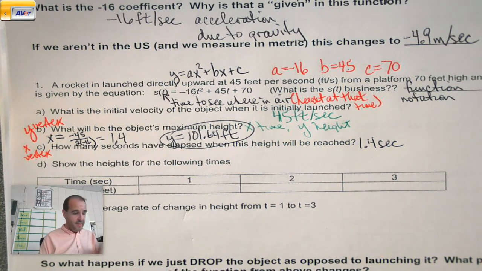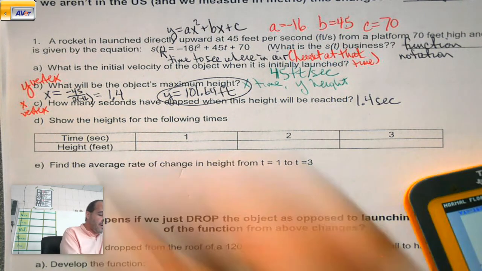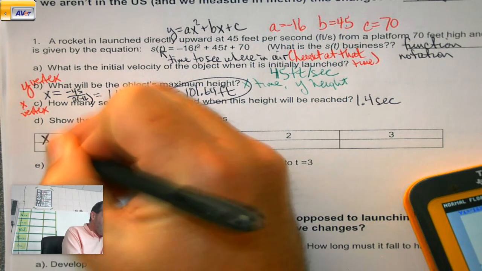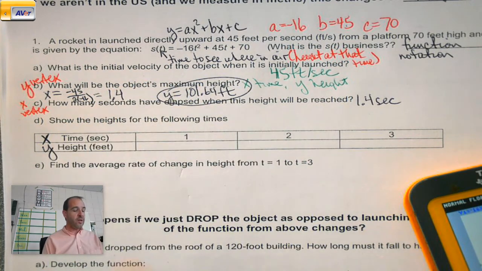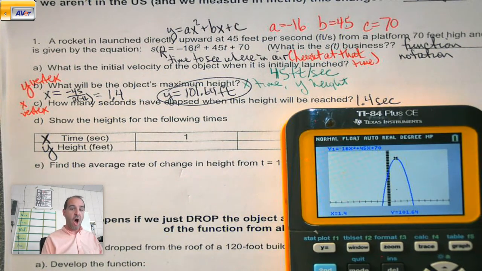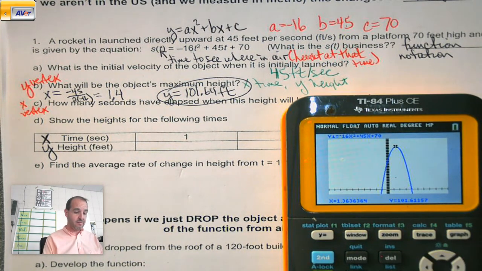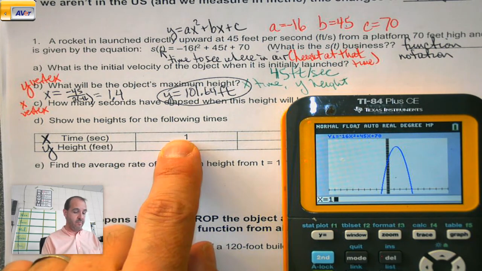Okay, and so the only thing left on this one that we could possibly want is to know some heights for the exact times. Now again, don't make this difficult. Time is x, height is y. We can do the exact same thing that we just did for that last one. Let's keep this simple. All I have to do, honestly, here is hit trace, hit 1, that's my time.